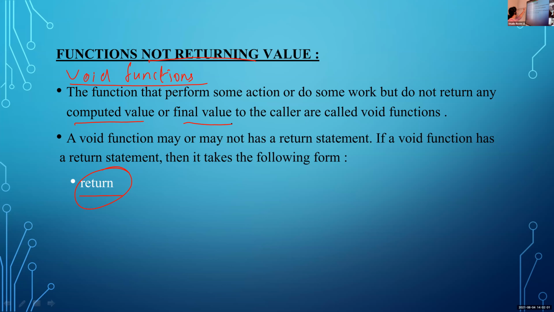Okay, in the case of void function, it will perform some operation, addition, subtraction, multiplication, any operation, but it will never return a computed value or final value to the main program. Okay, in the previous example, we are returning S to the main program because it is a non-void function. After adding A and B, or after adding X plus Y, we are returning the result to the main program because it is a non-void function.